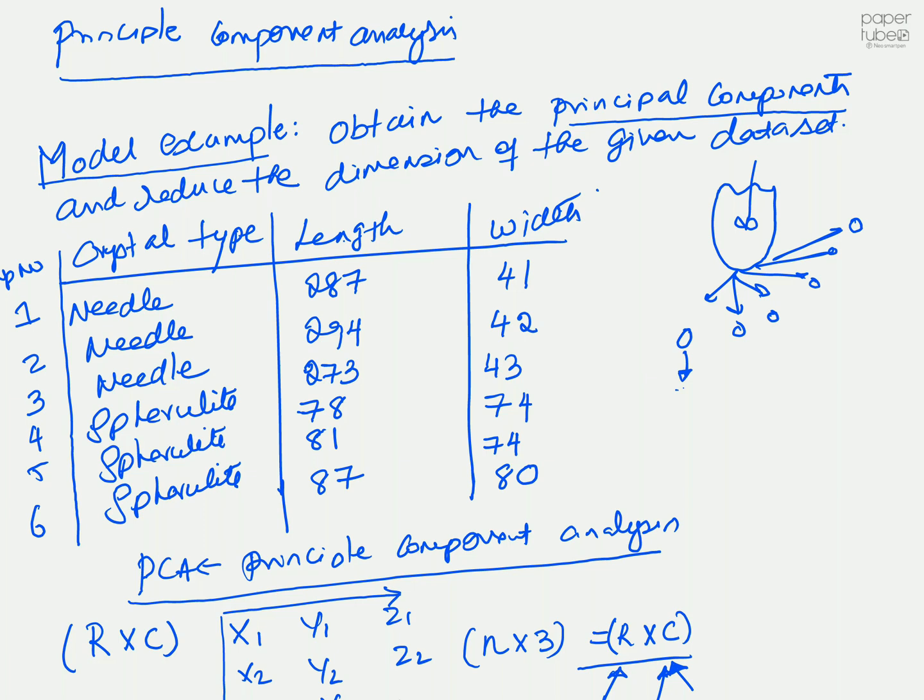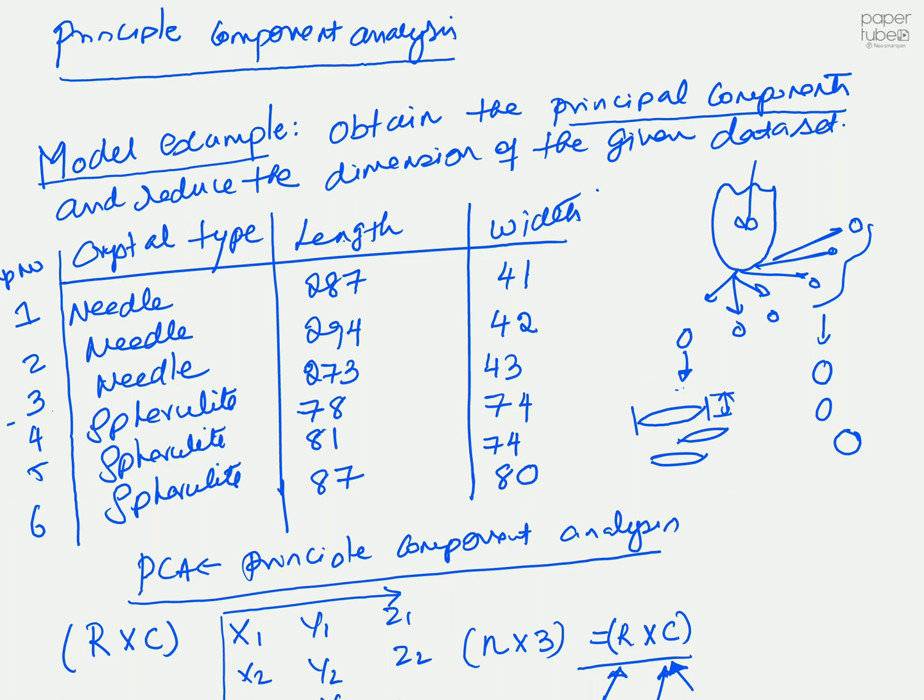Under the microscope, what we observed is 3 of the crystals have needle shape, and 3 of the crystals possess or look like a spherical particle, something like this. So we have the length and then the width of these crystals, and you have the data here. You have 287, 41, 294, 42, 273, 43.